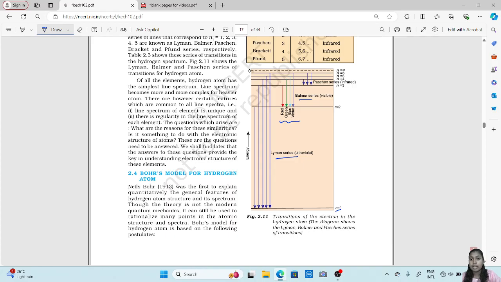And when n is equal to 3, 4, 5, 6, up to infinity, these are the Paschen series. There are other series also, apart from Paschen, there are Brackett and Pfund series also, but here only up to the Paschen series is shown. This is the energy level diagram of the hydrogen atom.